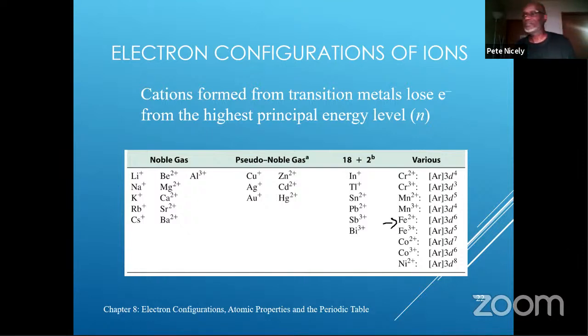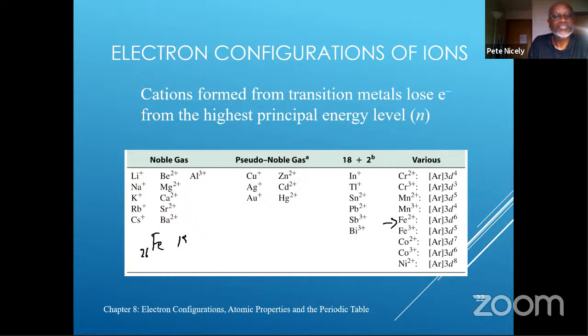Now, the atomic number of iron is 26, right? So I'm going to write down the electronic configuration of iron here, Fe, right? So it's 26 electrons, right?